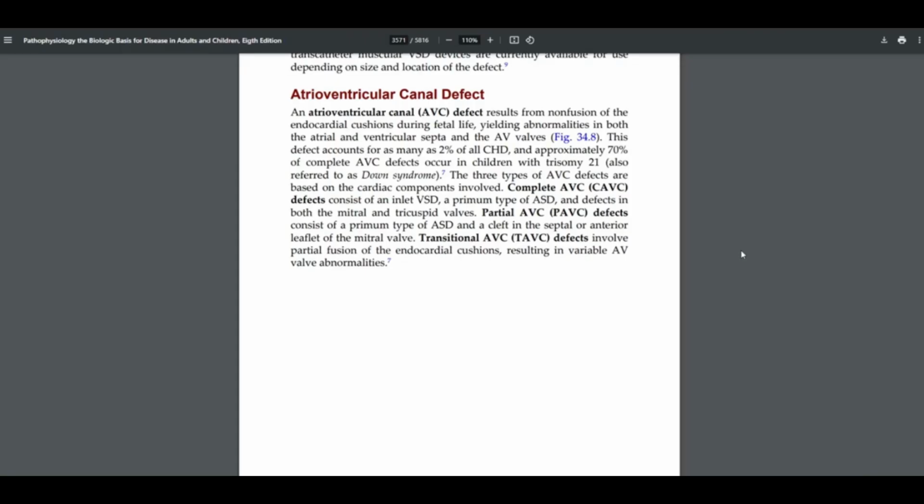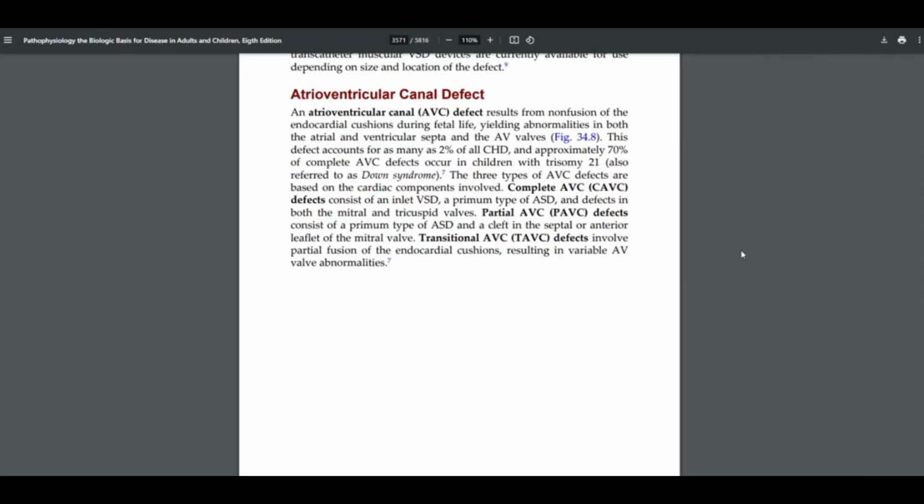The three types of atrioventricular canal defect are based on the cardiac components involved. A complete AVC or CAVC defect consists of an inlet VSD, a primum type of ASD, and defects in both the mitral and tricuspid valve.